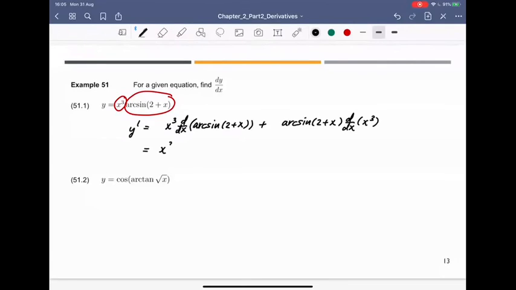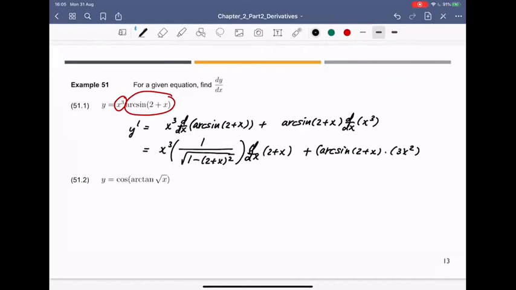The derivative of arc sine is 1 over square root of 1 minus (2 plus x) squared, by using the chain rule, and then I need to differentiate the inner function 2 plus x as well. Then arc sine is good, so I don't need to differentiate it. Differentiating x cubed, I get 3x squared.